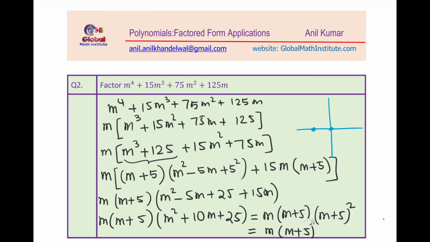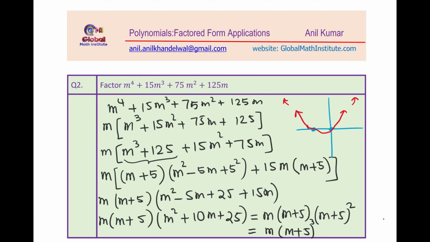Since the equation is quartic and the leading coefficient is positive, the right side is up and both ends face the same side. We have a cubic root at minus 5, which will be kind of like this. And now we can actually combine and sketch the graph. You see that. So that is how the function can be sketched.